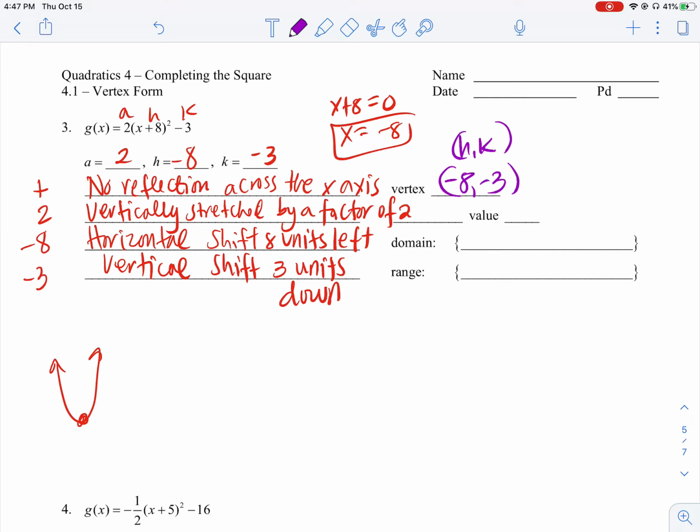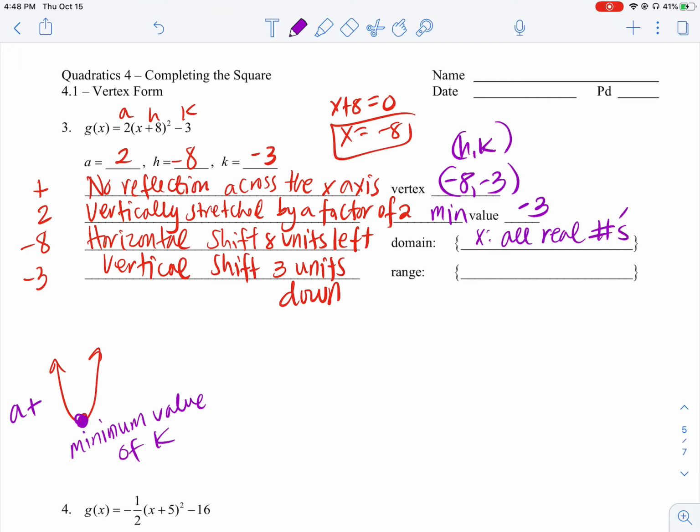Moving on, because I know that my graph is facing up because I have a positive a, I have a minimum value of k. So I have a minimum value of negative 3. And then the domain is always, always all real numbers.